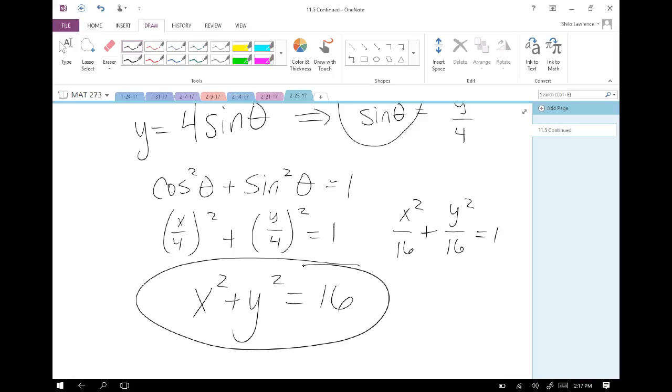If it's trig, you just have to know what to do with it. Use the Pythagorean identity. We've got Pythagorean identities for tangent, secant, cosecant, and cotangent as well.